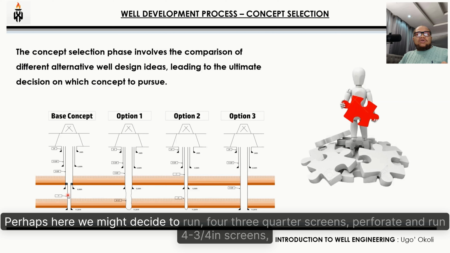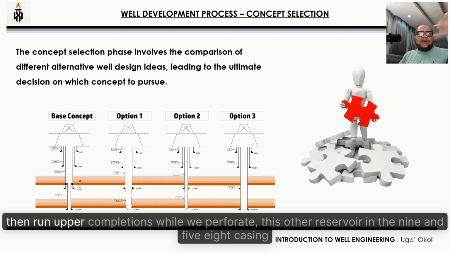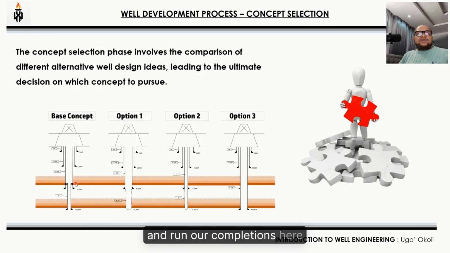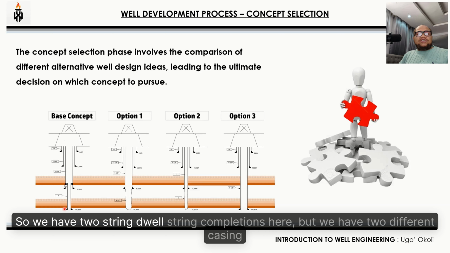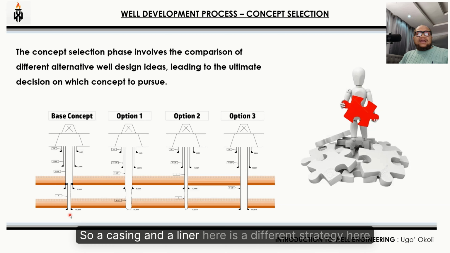Perhaps here we might decide to perforate and run 4 3/4 screens, then run upper completions while we perforate the other reservoir in the 9 5/8 casing and run our completions there. So we have dual string completions here, but we have two different casings, a casing and a liner.